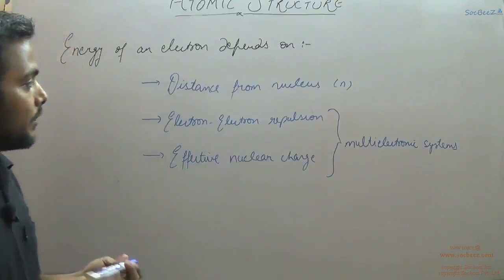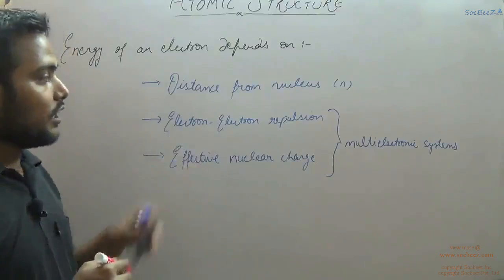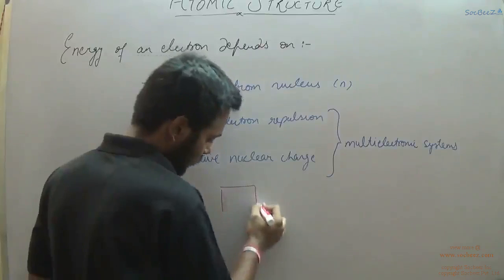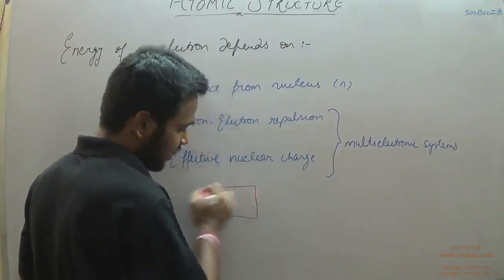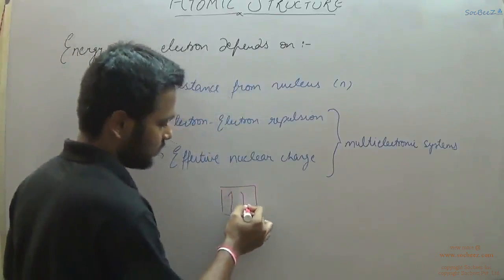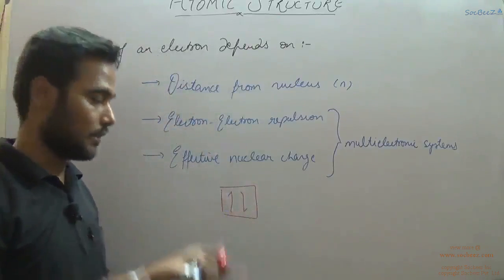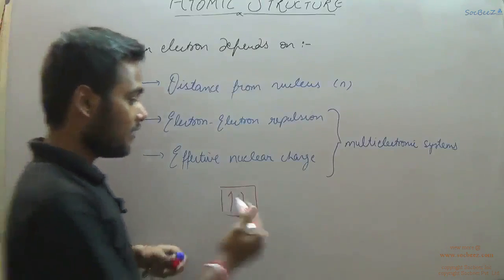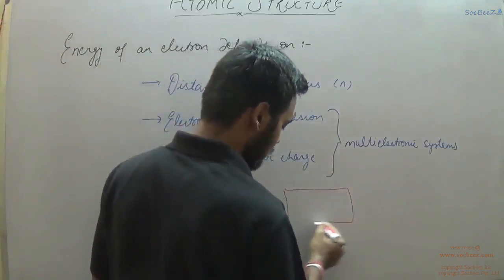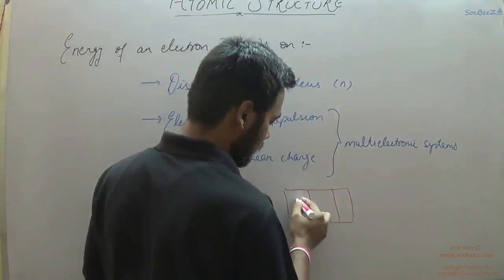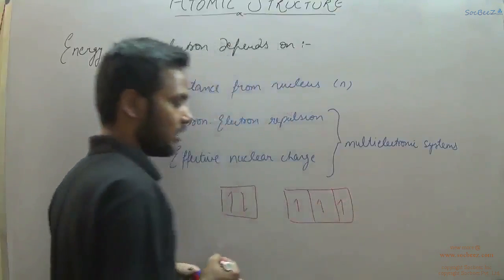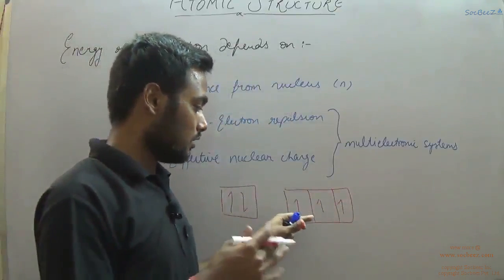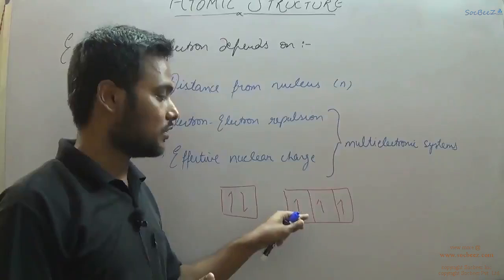Here, take electron-electron repulsion: suppose this is one orbital, and the first electron is filled in this manner, then the second electron will be filled in this manner in order to minimize the electron-electron repulsion. The spins of both electrons are going to be different, but even if electrons are filled in different orbitals, for example 2p, with three electrons they will have the same spin. And because of the distance factor, repulsion between the electrons will be there.